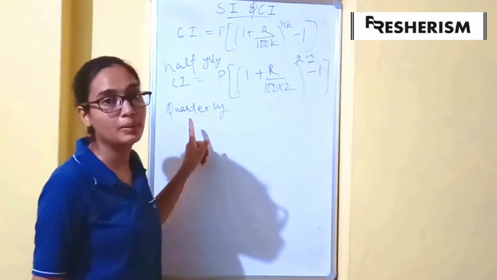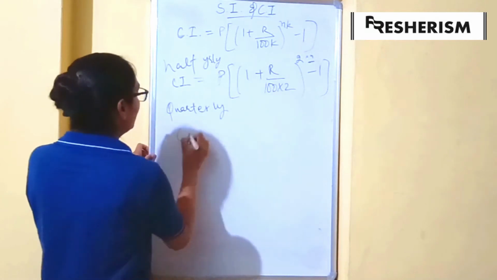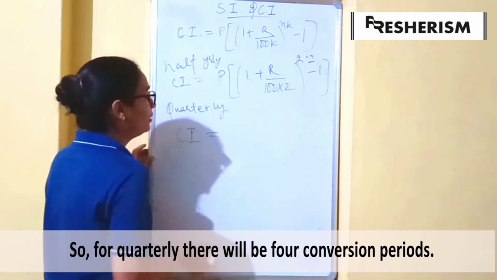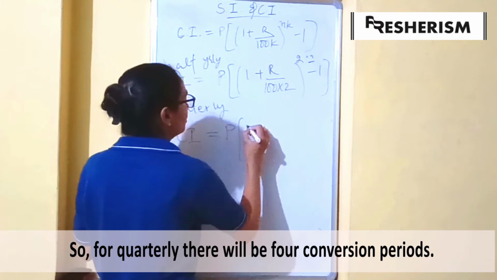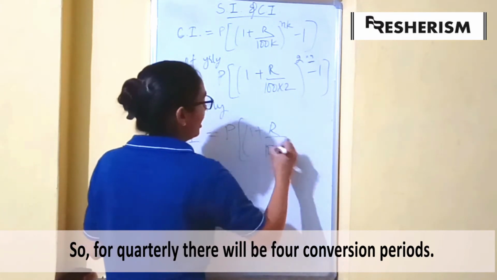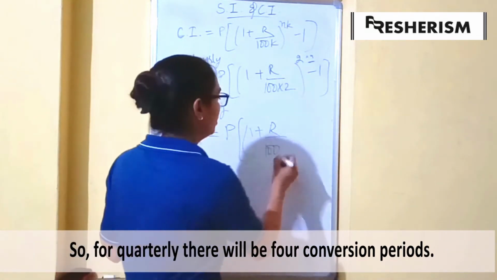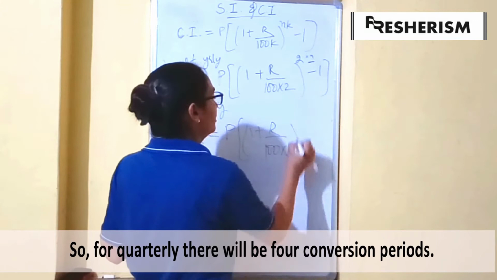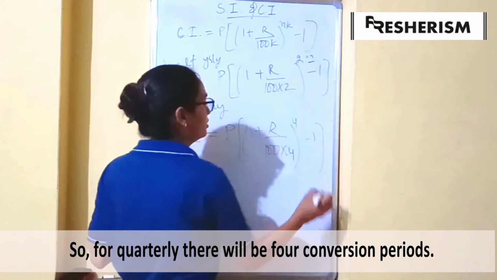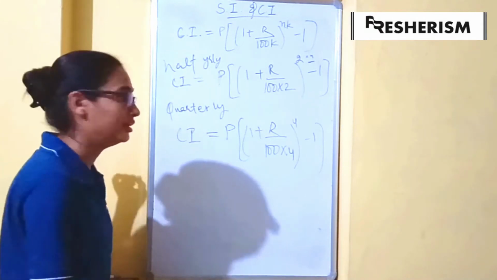Now, if the interest is compounded quarterly, then the compound interest would be equal to P times ((1 plus r upon 100 multiplied by 4) raised to the power 4 minus 1), as quarterly there would be 4 conversion periods. So this would be the case when it is compounded quarterly.